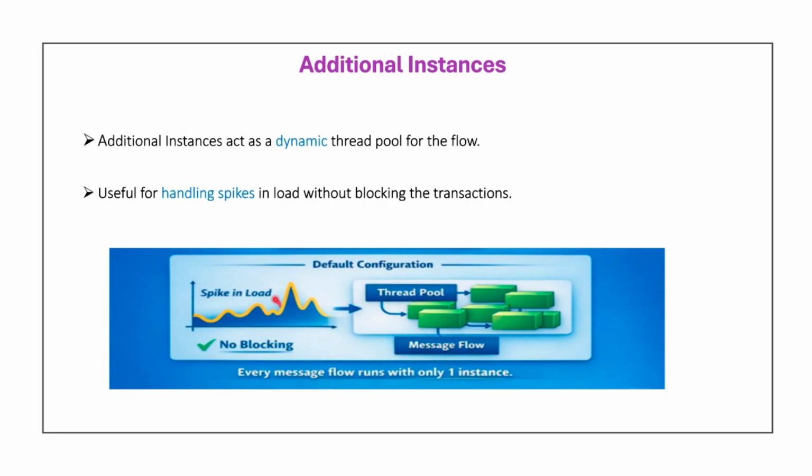Now you want to increase it to 5 threads, total 5 threads. In that case, you have to increase by 4. 4 additional instances you have to create, 4 plus the default one, 5. So in that case, what happens? If there is load in the transactions, then that will be handled using the additional instances. Those instances run in parallel.